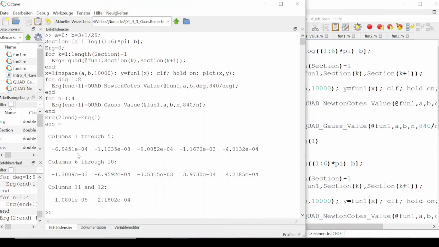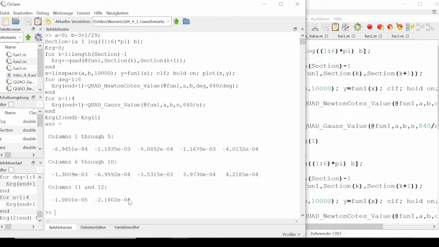And what do we see? Okay, this is the trapezoidal rule, this is Simpson, and then degree 3, degree 4, degree 5, 6, 7, and degree 8. These are the results of the Newton-Cotes formulas. And then we apply Gauss quadrature. This is n is 1, n is 2, n is 3, and n is 4.